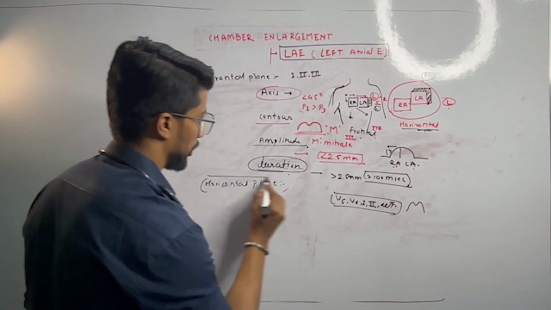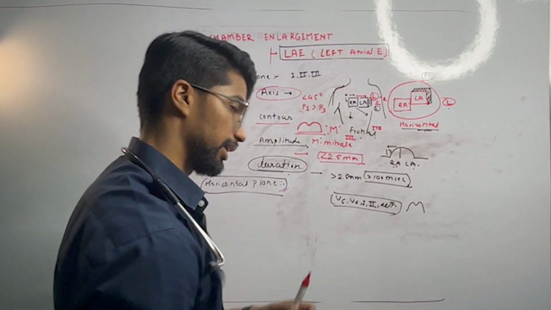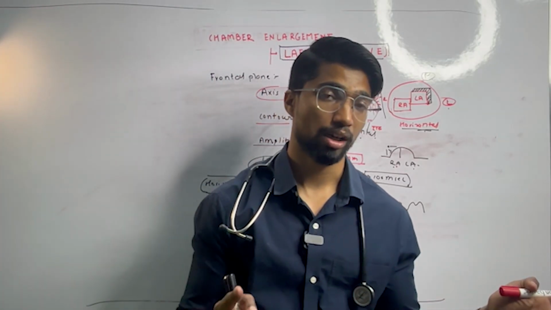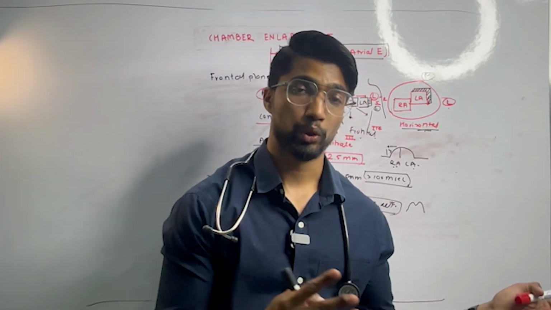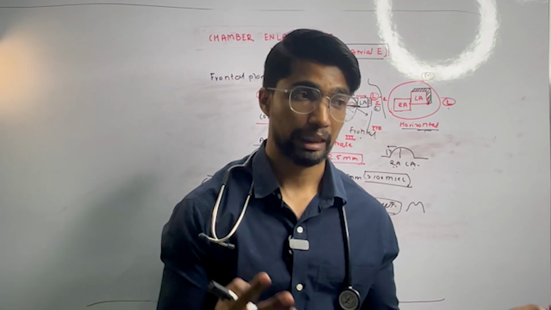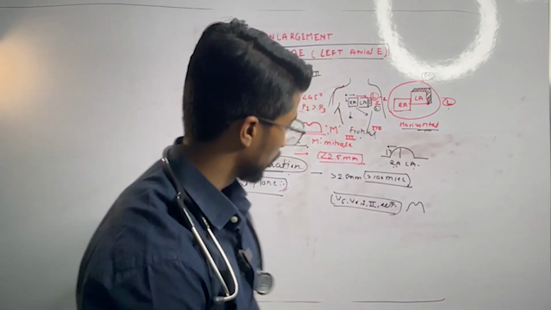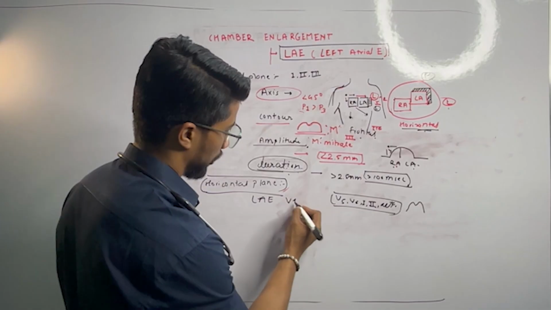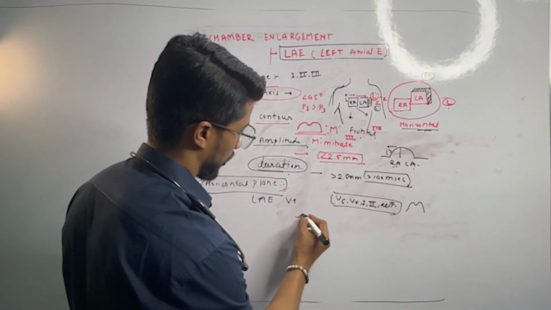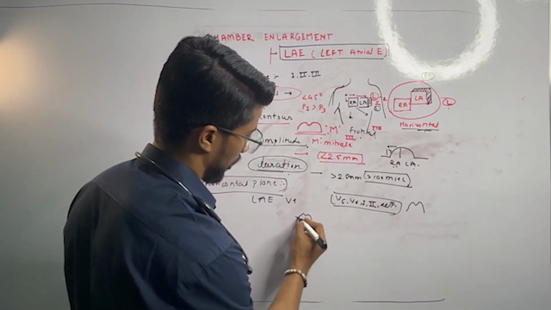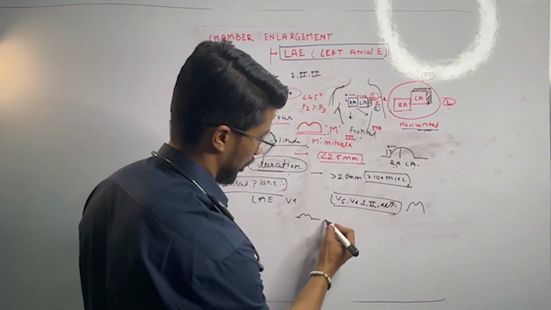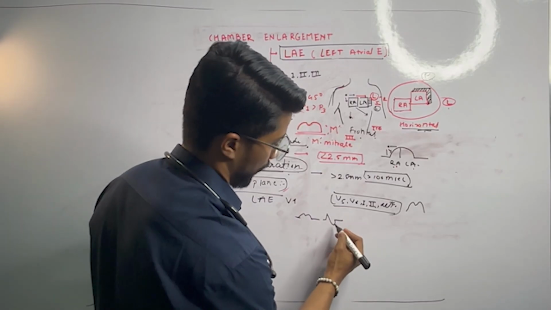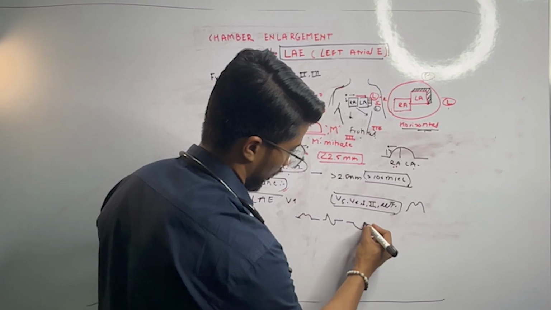What happens in the horizontal plane? We saw that in RA enlargement, there were not a lot of changes in the horizontal leads like your V1. But with LA enlargement, in V1 you can have an upright normal or M mitral P wave, or you can have biphasic or inverted.